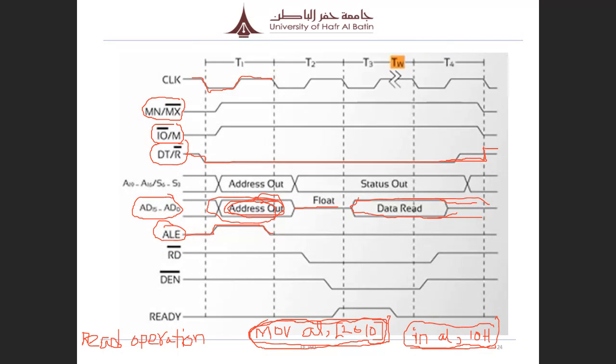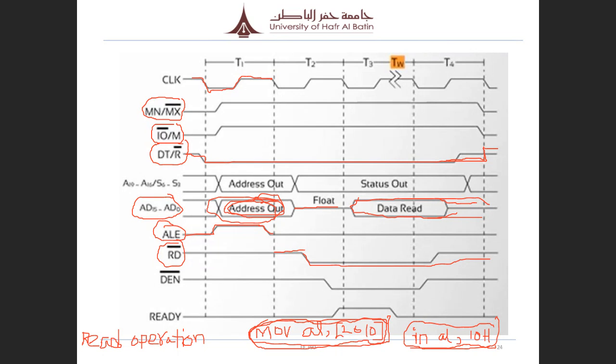So ALE is 1 during the T1 time. And what about the read? As it is a read operation, it is low from the middle of T2 until the rest of the time. You can make it low, and when it starts floating, towards the rest of the time.